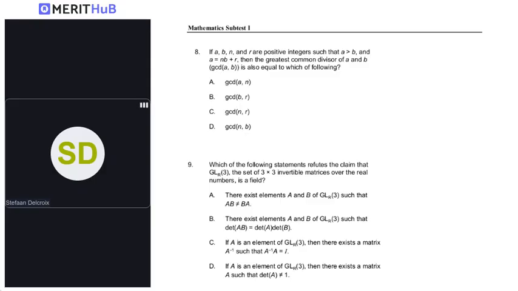So what does that mean? AB is not BA. The multiplication is not commutative.